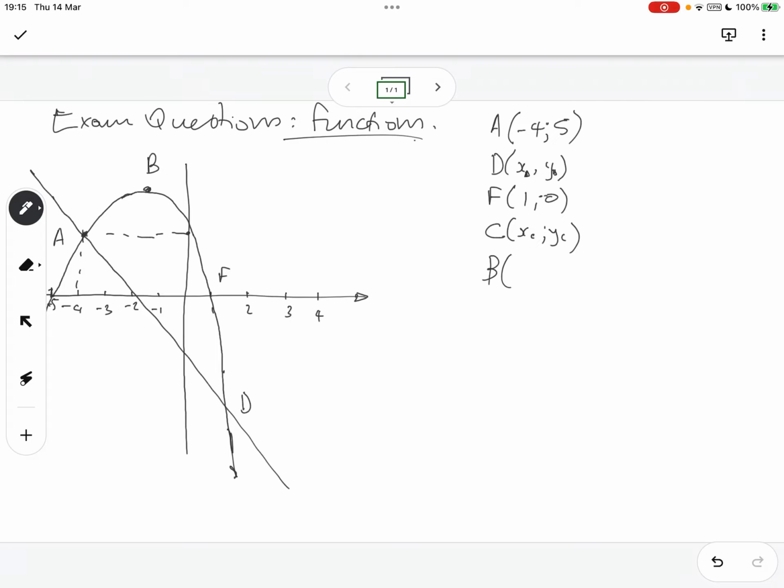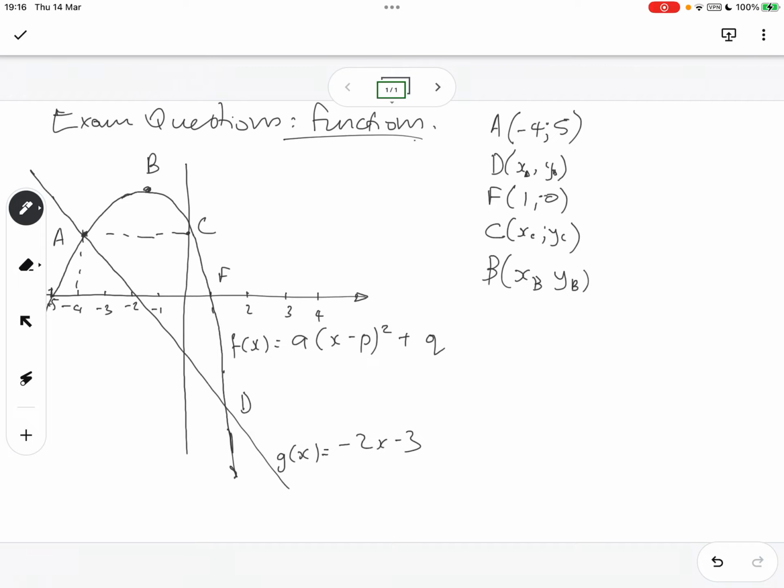The other one is (xD, yD). B is the turning point, so we don't know what it is, so it's (xB, yB). And that's everything. So the straight line is g(x) = -2x - 3, and the parabola is f(x) = a(x - p)² + q.